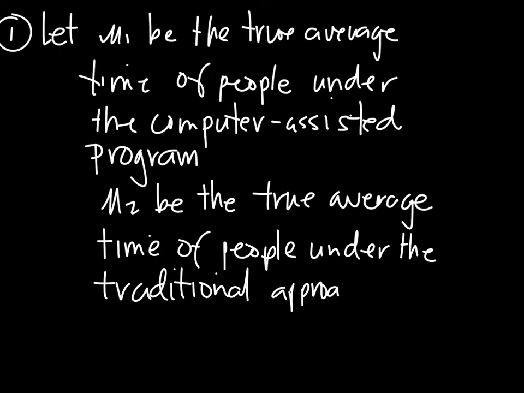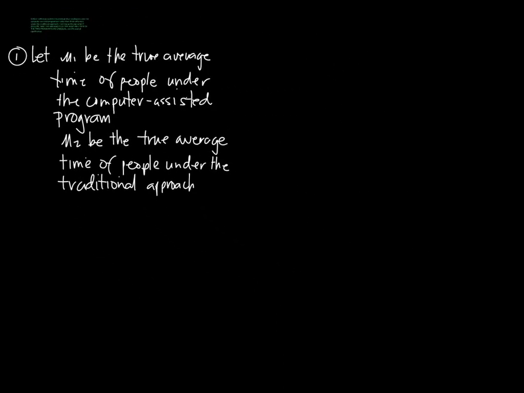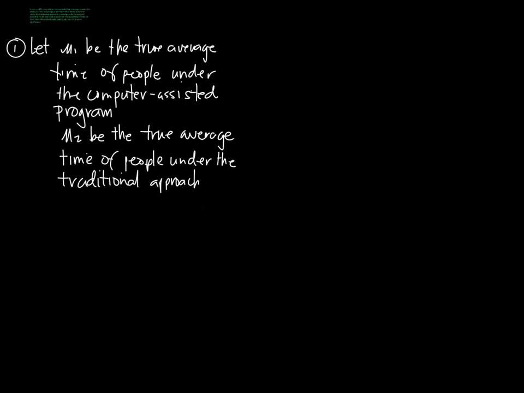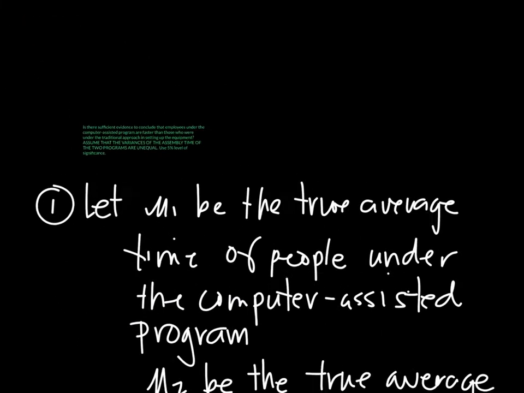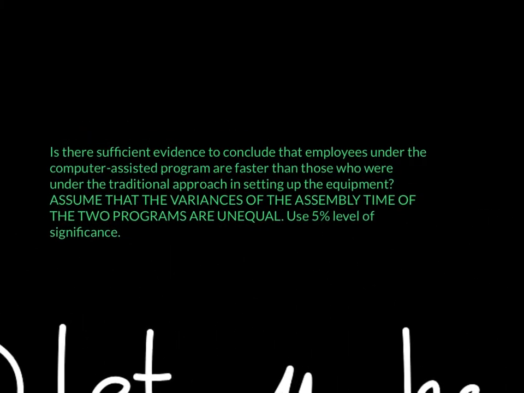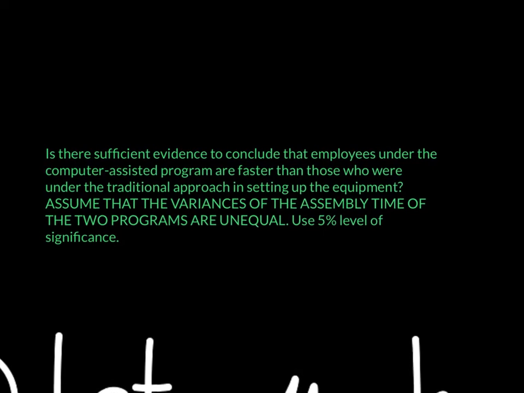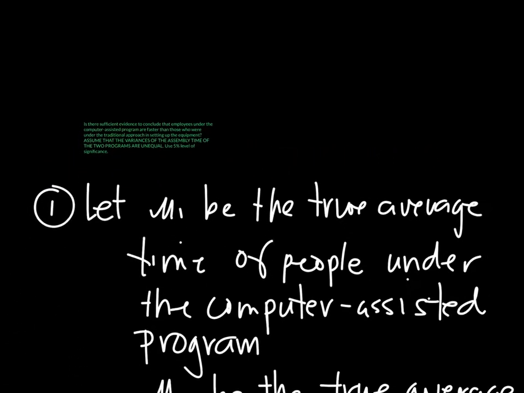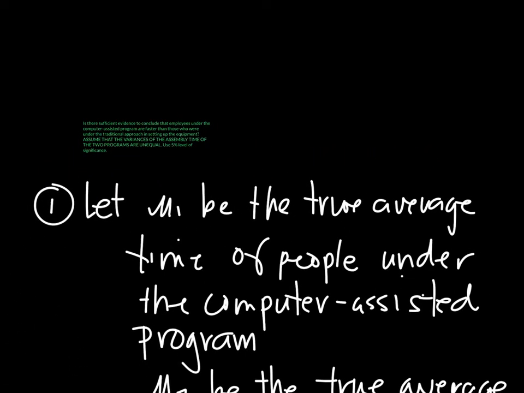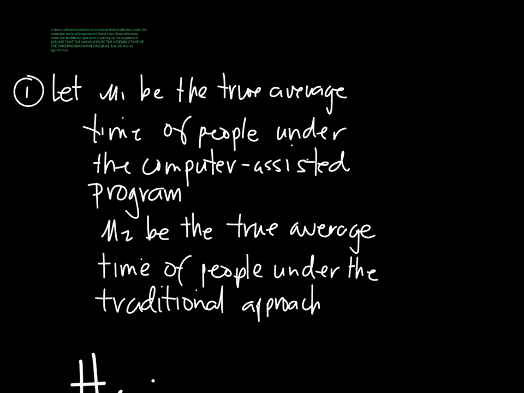So once we set the symbols for our parameters, we can now state our null hypothesis and the alternative hypothesis. Take note that the claim, or what we want to test here, is whether those under the computer-assisted program are faster in terms of setting up the equipment. That means if they're faster, their average time should be smaller than the average time of those under the traditional approach.